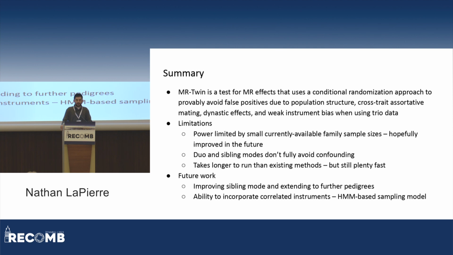We're talking about a couple of minutes versus a few seconds in our UK Biobank analysis. In the future, we'd like to improve the sibling mode and extend to further pedigrees, like if you have cousins or second cousins. And it would be nice to be able to incorporate correlated instruments, because it could help increase power, but then you have to do all this phasing.